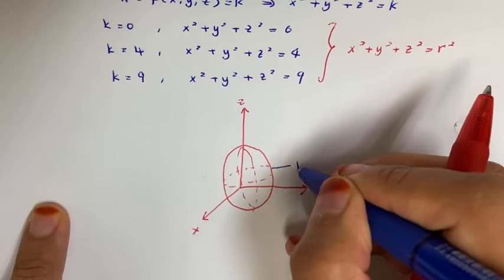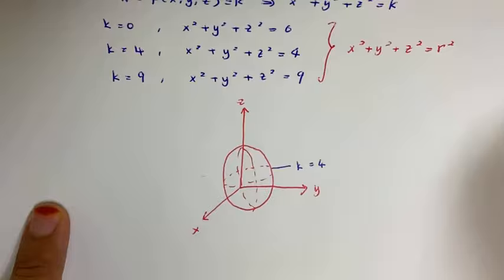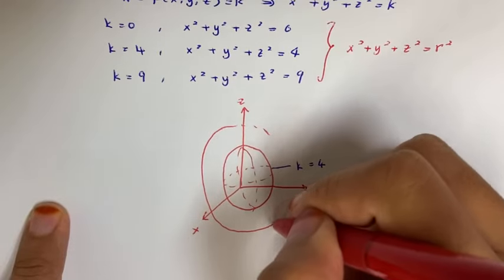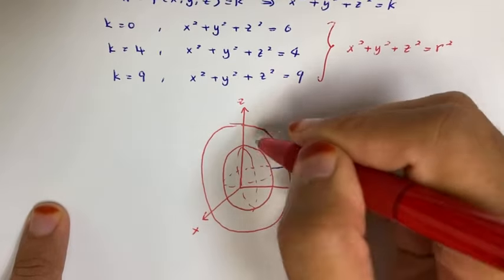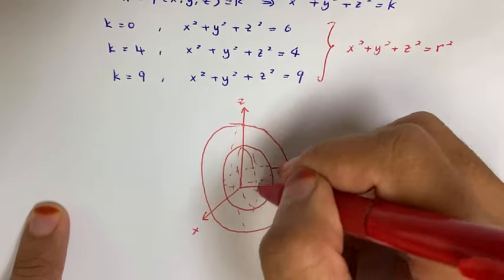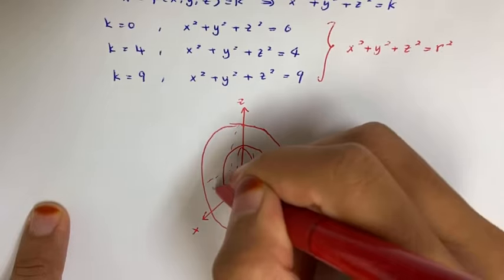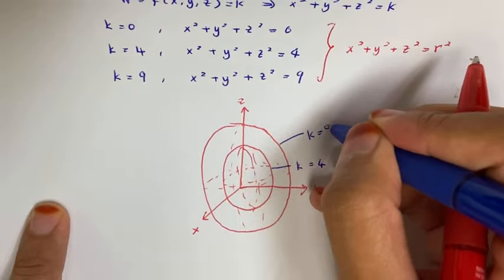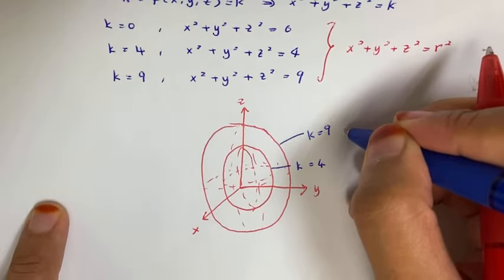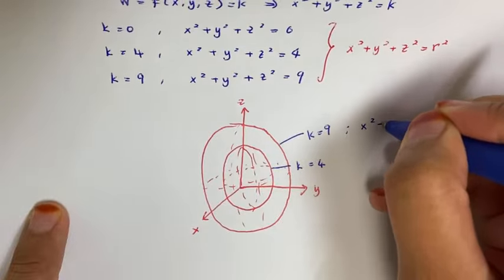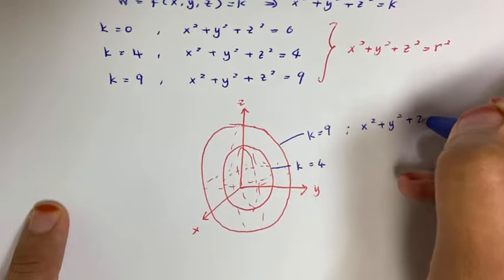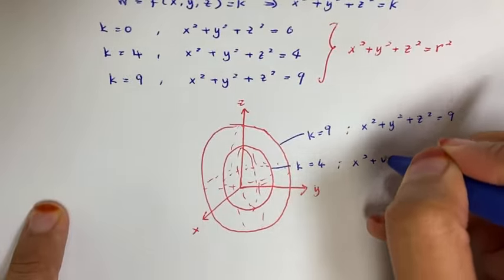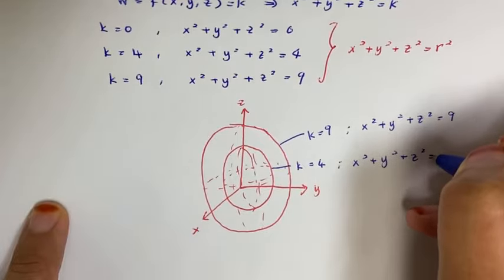So this is for k equal to 4, and with k equal to 9, we have this one. This is 3D. For k equal to 9, you have x square plus y square plus z square equal to 9. And for k equal to 4, you have x square plus y square plus z square equal to 4.